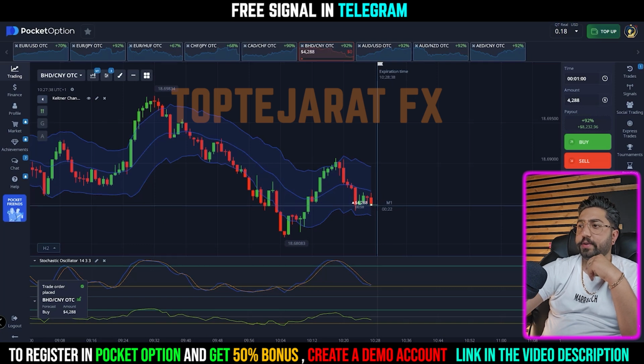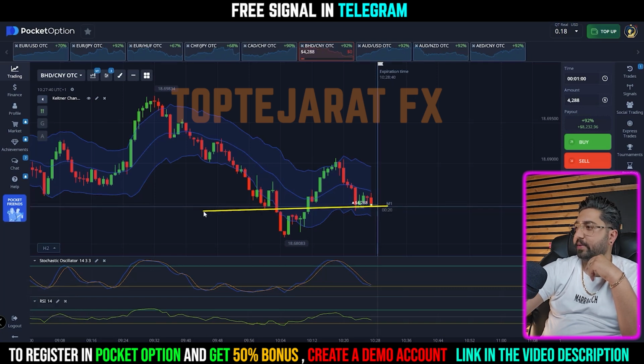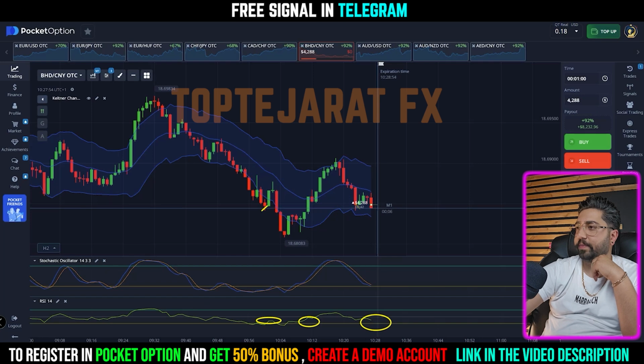Okay, my friend, look at this here in this point, the path of the market. We have 2 points here, 2 points here, and confirm in the RSI, confirm the path of the market. Touch here, touch here.